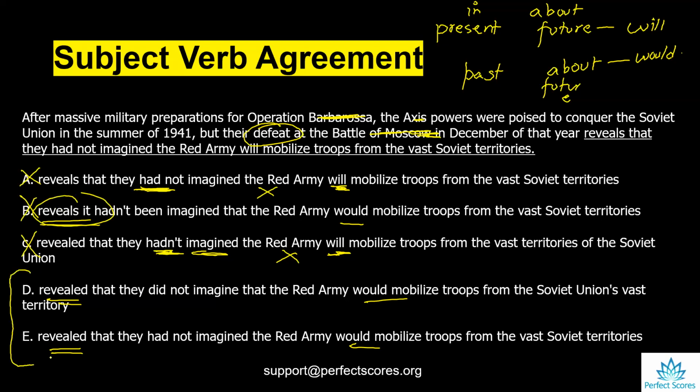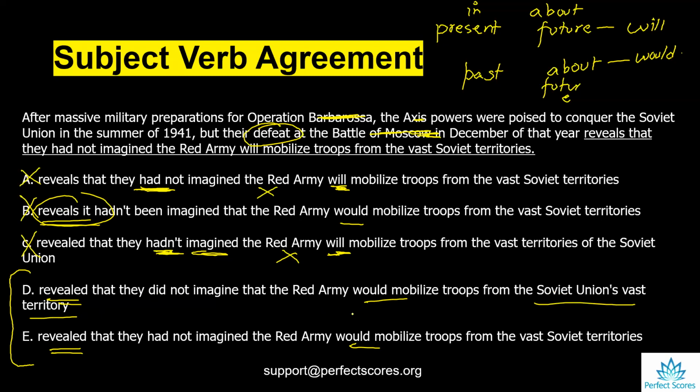All right, now make a choice between D and E. I think E is correct. Okay, why do you think D is wrong? It's unnecessarily wordy towards the end of the sentence. Soviet Union's vast territory. And it talks about Soviet Union's.